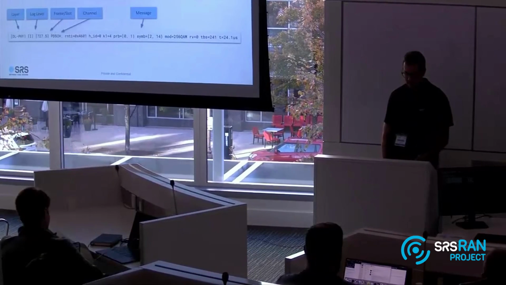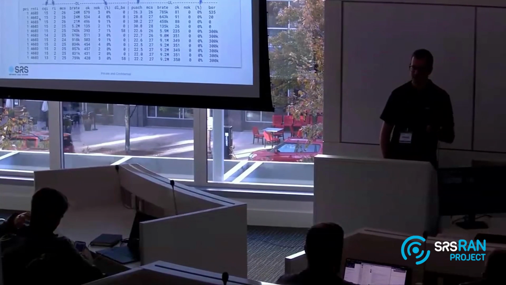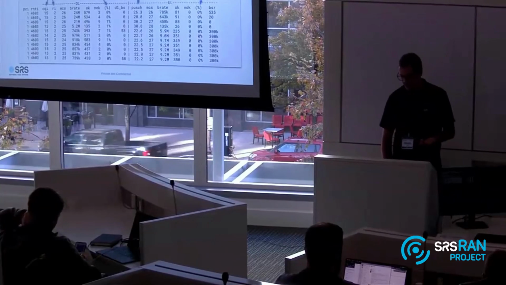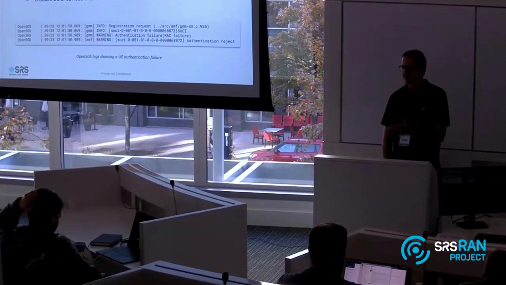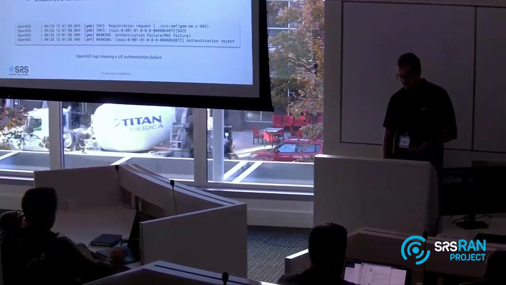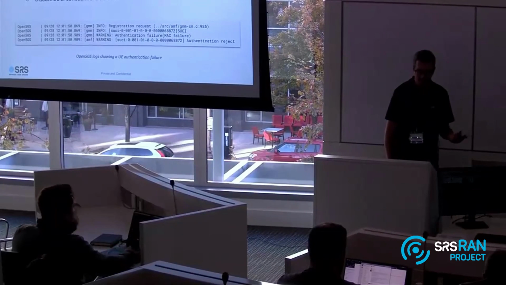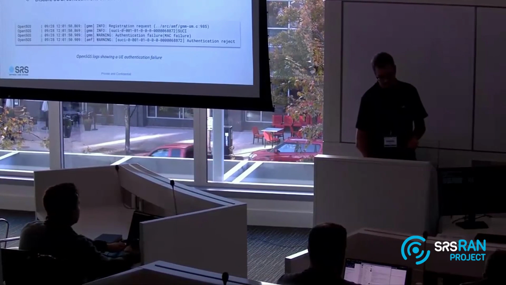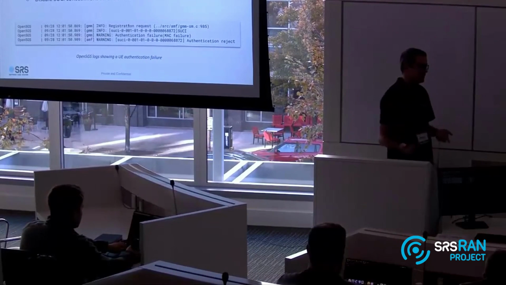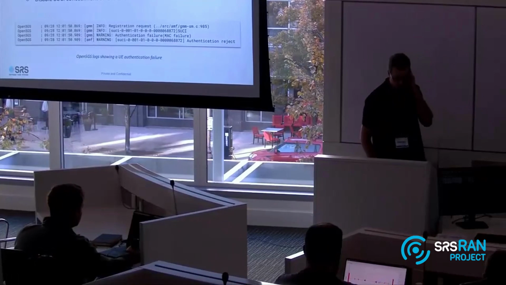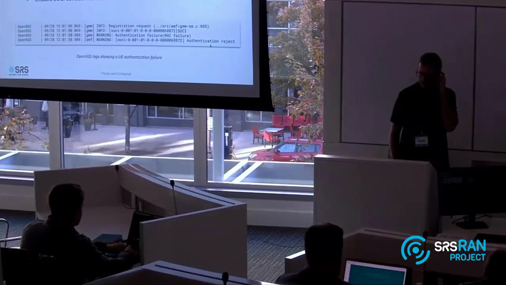As soon as you see an entry of a user in this console, it means that the random access response was correct. It received the connection setup, but it didn't complete the authentication with the network. Then what I would recommend is to go to the 5G core logs and see what happened there. In this case, a typical error is that we didn't register the SIM card correctly in the 5G core, for instance. You would see something like authentication reject.